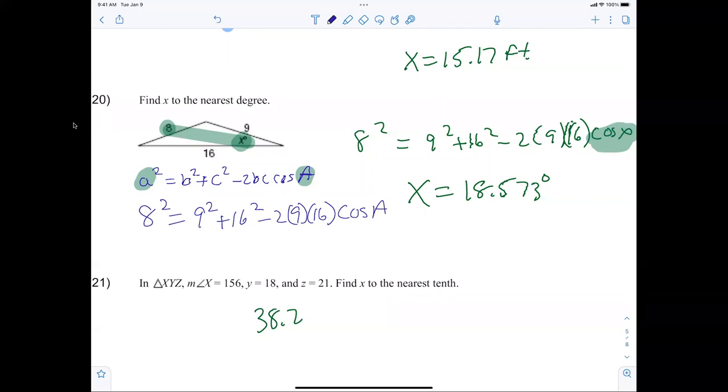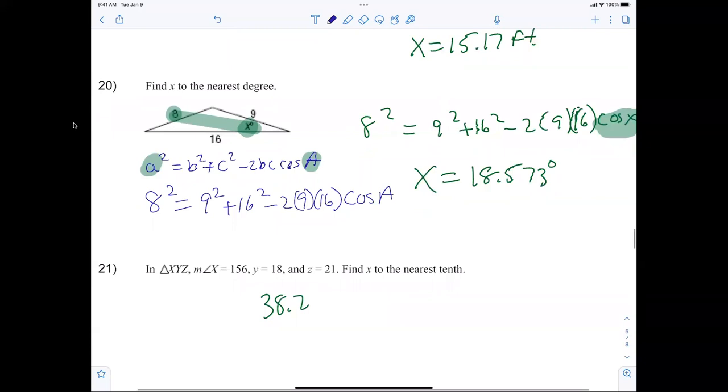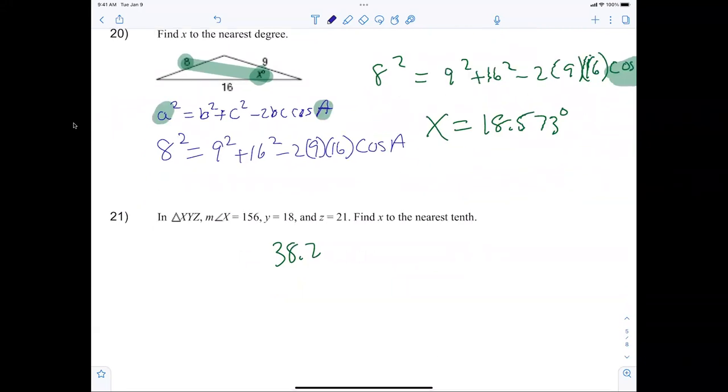Now, the hard part was working backwards. The hard part is working backwards. So let me show you. You can hit math, or not math, but alpha, and then hit the X button. Does everybody agree a fraction comes up?